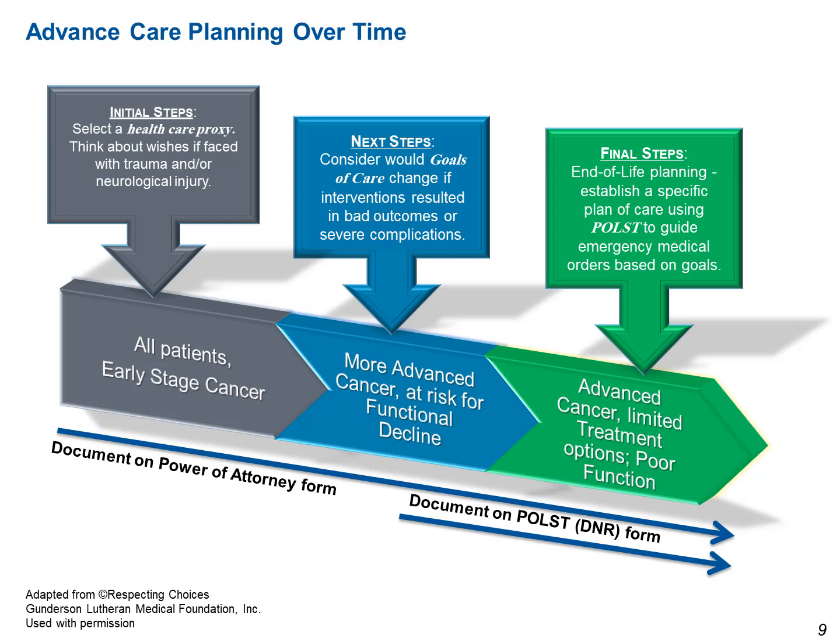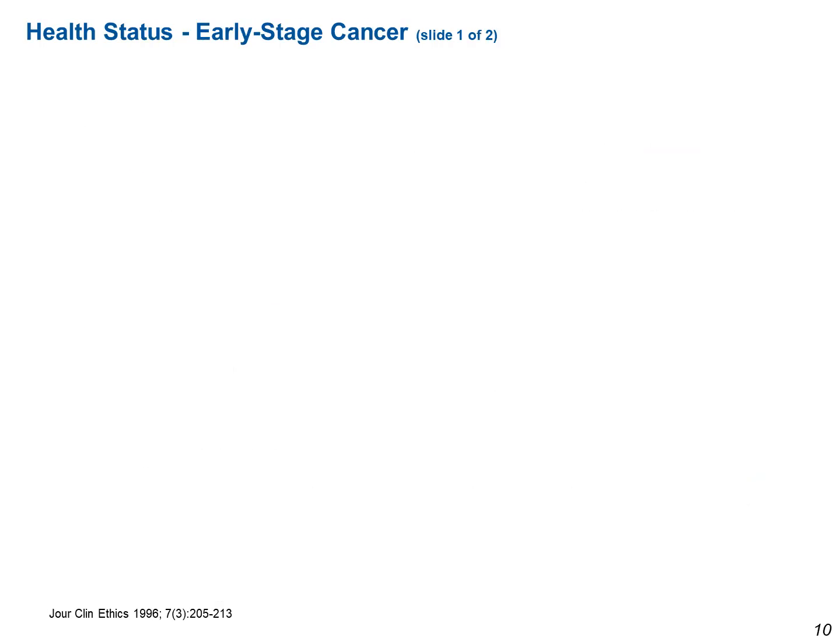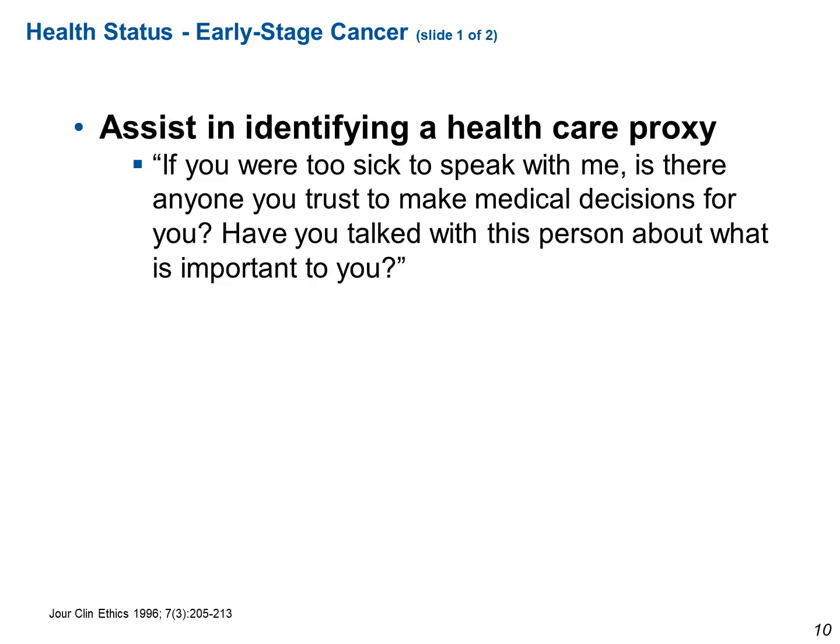Advanced cancer applies to the same final step: limited treatment options, poor function, document on a POLST form. So what's the health status in early stage cancer? And what is the role of advanced care planning at that point?